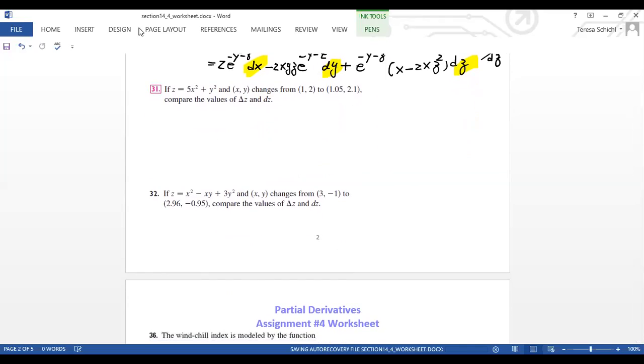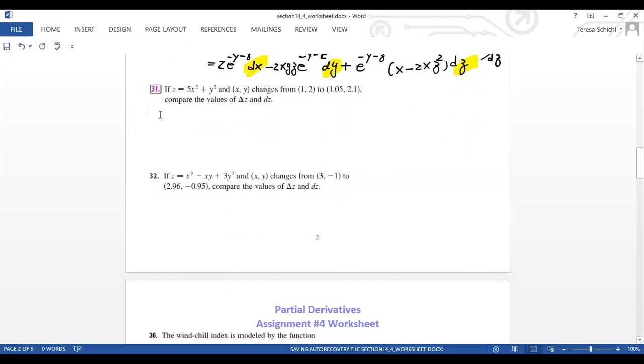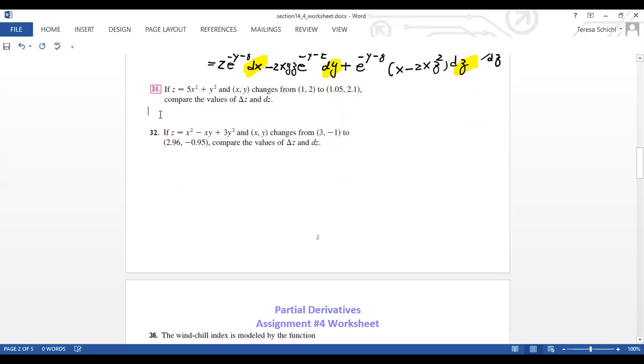Okay, so now let's take a look at number 32. Let me give a little bit of space for number 32. So the function is z equals x squared minus xy plus 3y squared, and x changes from 3 to 2.96, and y changes from negative 1 to negative 0.95.